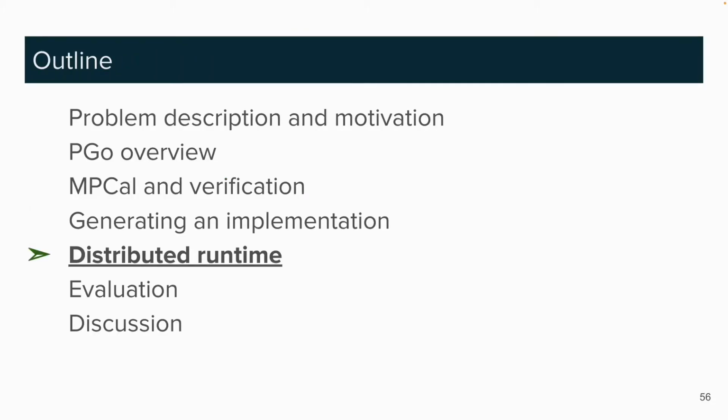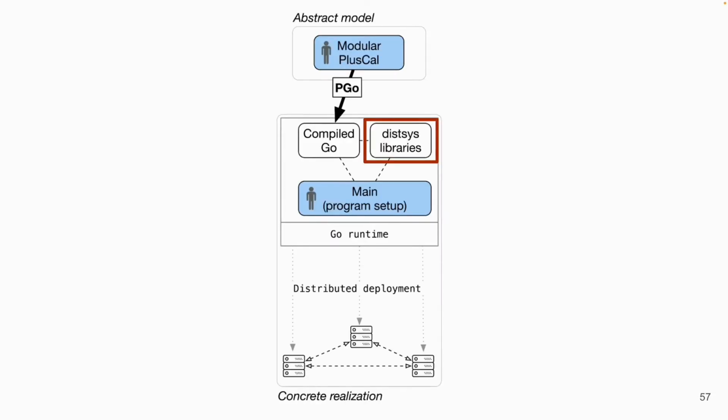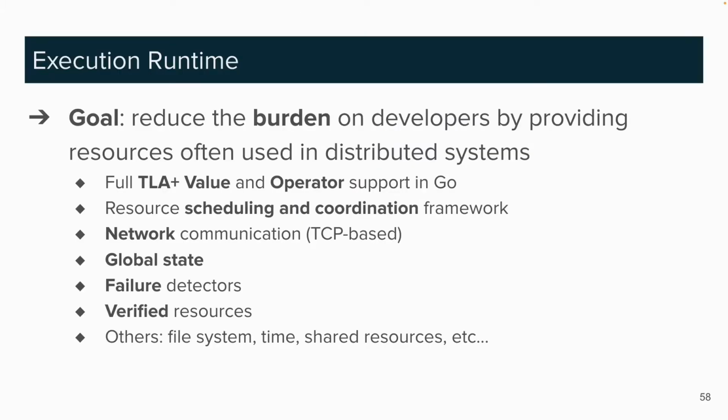Now, let's have a look at our distributed runtime. So far we've been talking about roughly the abstract relationship between the compiled Go and the runtime libraries. Now let's talk about actually the runtime libraries. What have we implemented specifically? The whole point here was to make things as push-button and easy as possible.